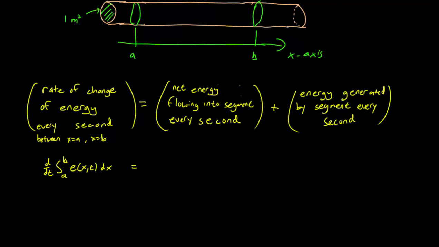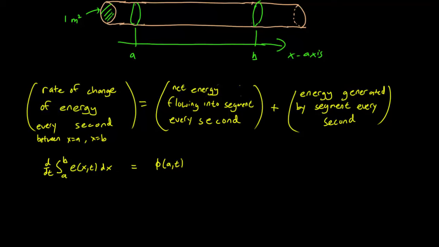As for the second bubble, the net energy flowing into the segment every second, what we have to do is add the energy coming in to the left and to the right. So remember that phi of a, t tells us the rate of energy flowing to the right at position a.